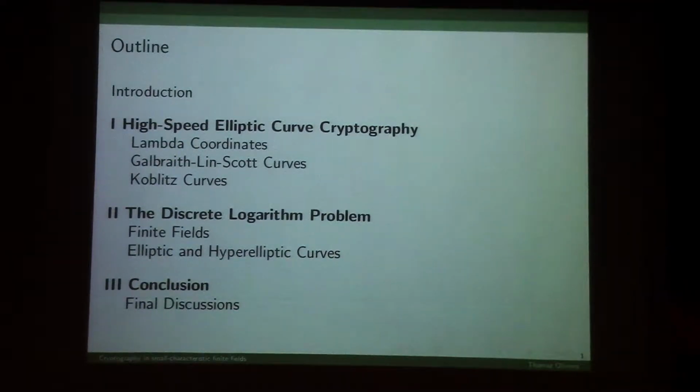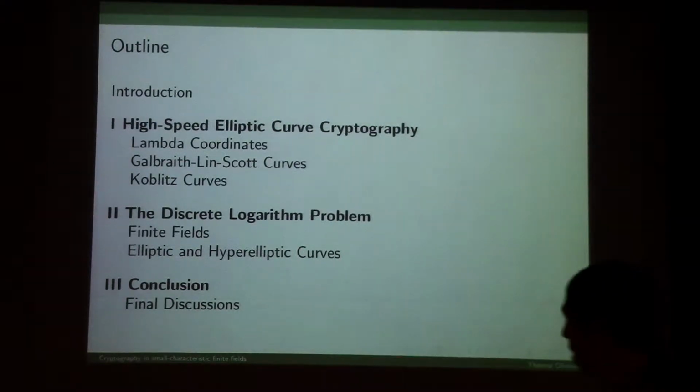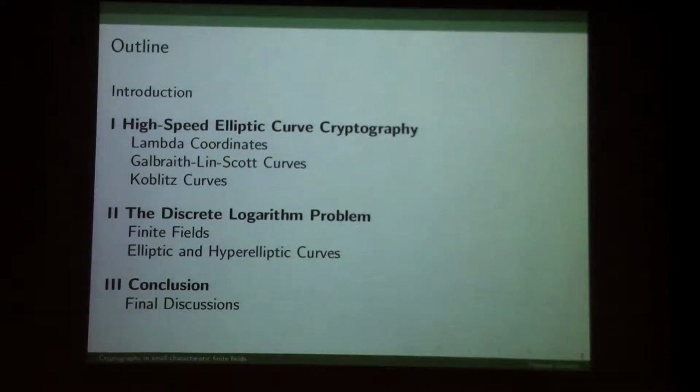And after that, the second part of the work, which is the cryptanalysis part, which is called the discrete logarithm problem. We're going to analyze the security, implement some attacks in finite fields, which are pairing friendly, and elliptic curves and hyperelliptic curves. And finally, some final discussions.